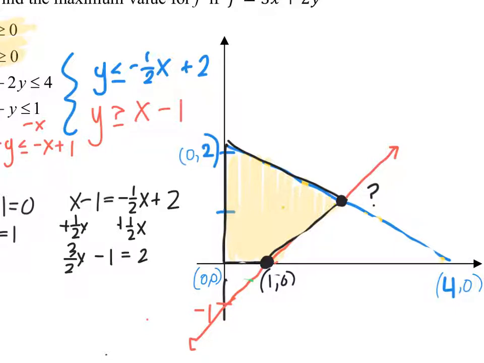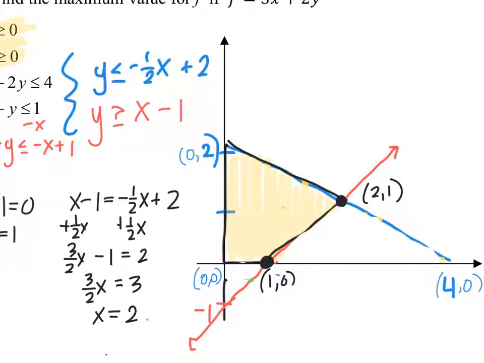Now add a 1 to both sides. So 3/2 x equals 3. And so when you multiply both sides by the reciprocal, you get x to be 2. And if x is 2, y is 1. So this intersection spot right here is 2, 1.